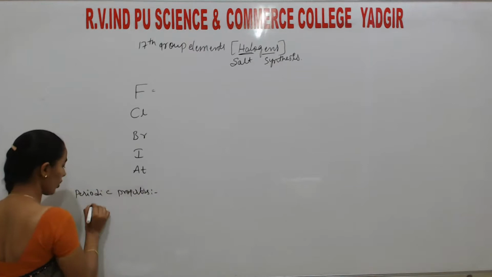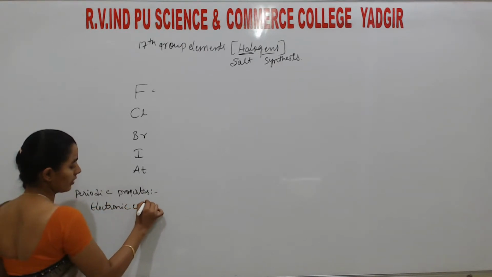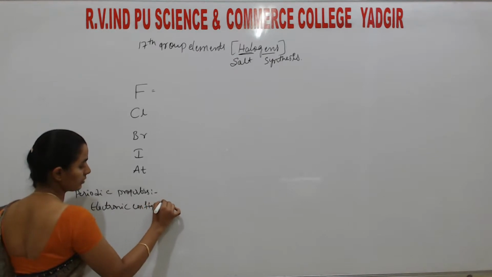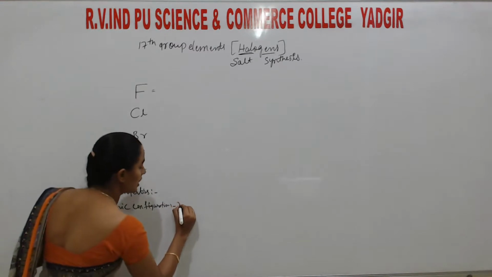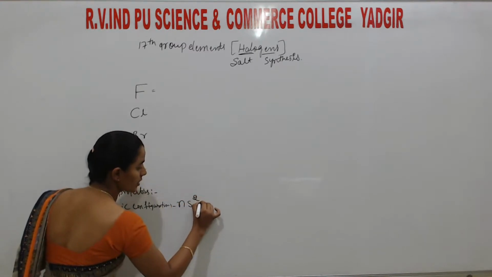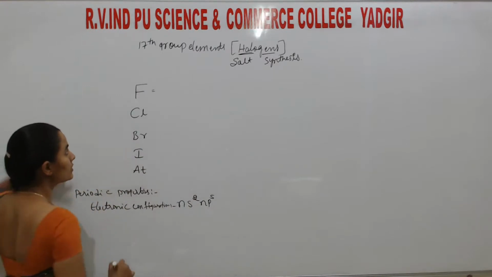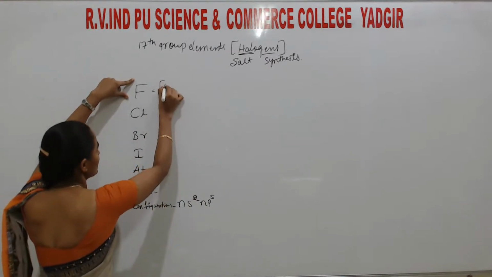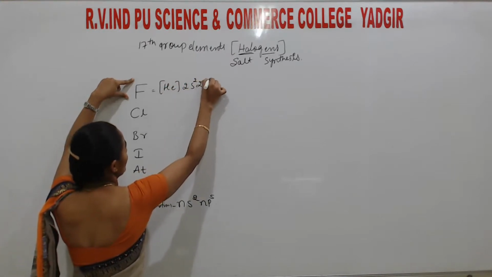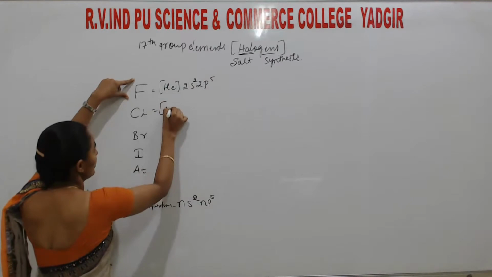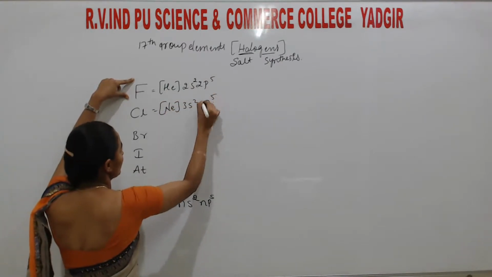The first one is electronic configuration. The general electronic configuration is ns2 np5. That means fluorine is helium 2s2 2p5, and chlorine is neon 3s2 3p5.